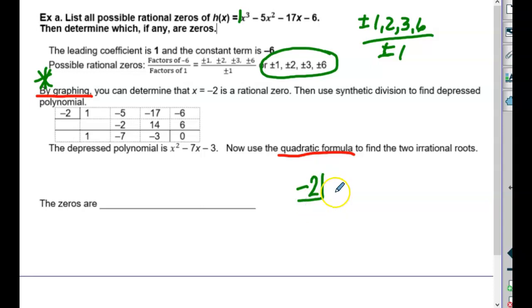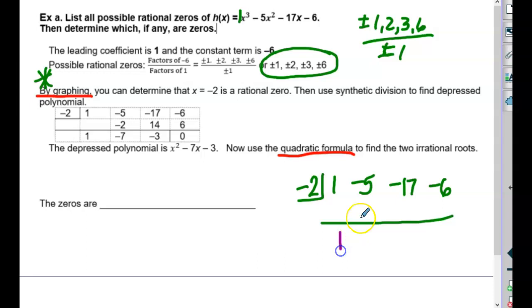Remember we divided it using synthetic division? So this was 1x cubed minus 5x squared minus 17x minus 6. Tell me what to write, guys. 1, -2, -7, yes.